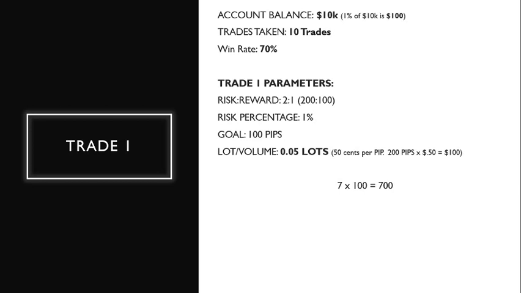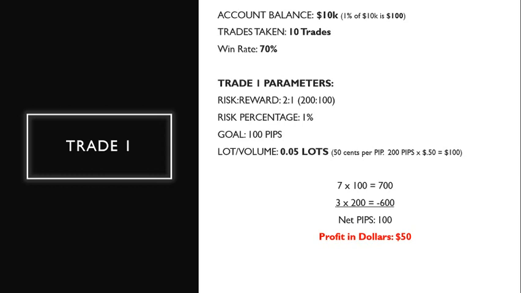And what's my stop loss? 200. So 3 losing trades, 200 pip stop loss, I have a negative 600. Right? Did I make profit? Yep. Net pips is 100 pips. Now how much is that worth if I'm trading at 50 cents a pip? $50, right? So I made $50 on 100 pips.